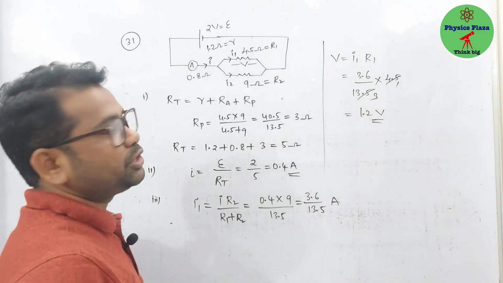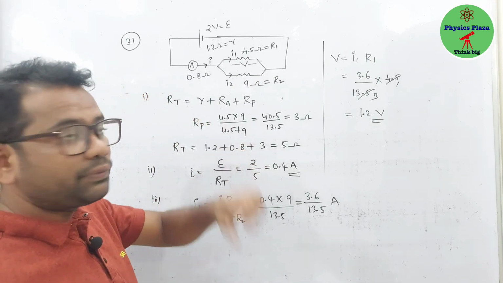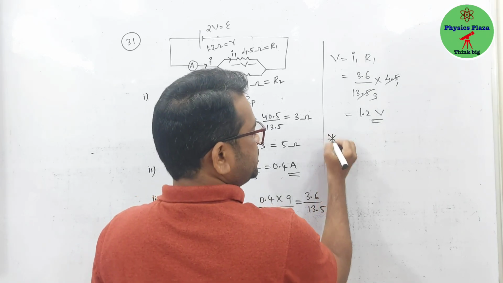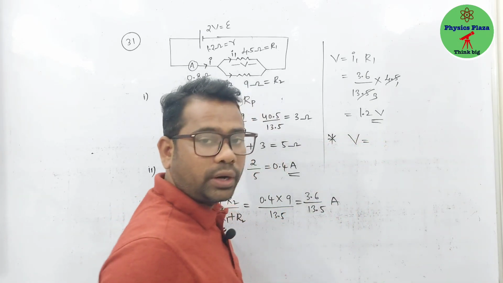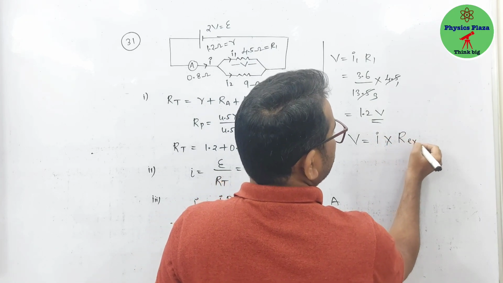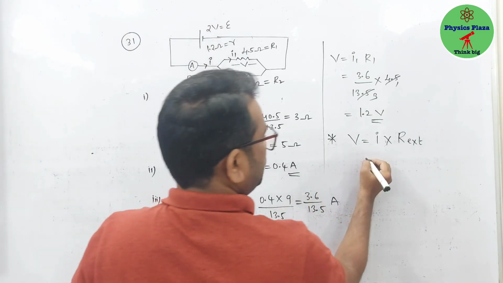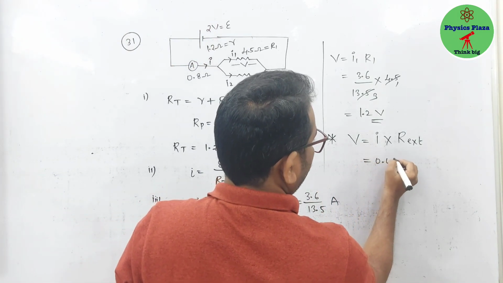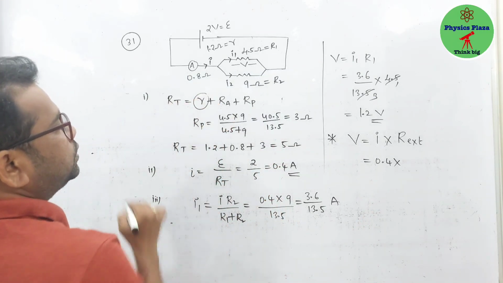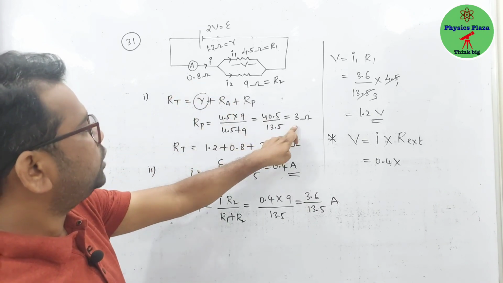Children, we missed one numerical here. What is the potential difference across the terminals of the cell, they are asking. So the potential difference, that is the terminal voltage, is total current into external resistance, which means you should not add the internal resistance. So the total current is 0.4 and the resistance, we have to neglect the internal resistance R, which means 0.8 plus 3 will be how much?